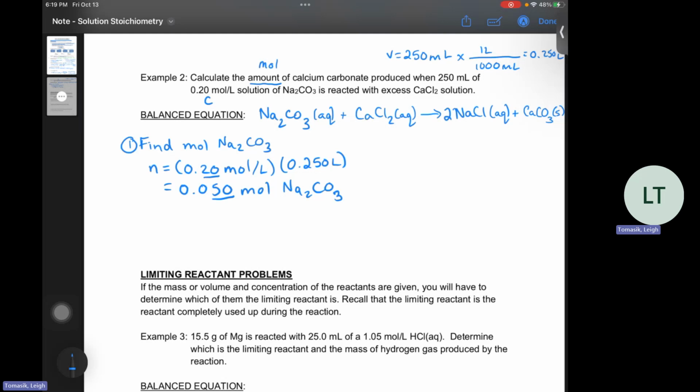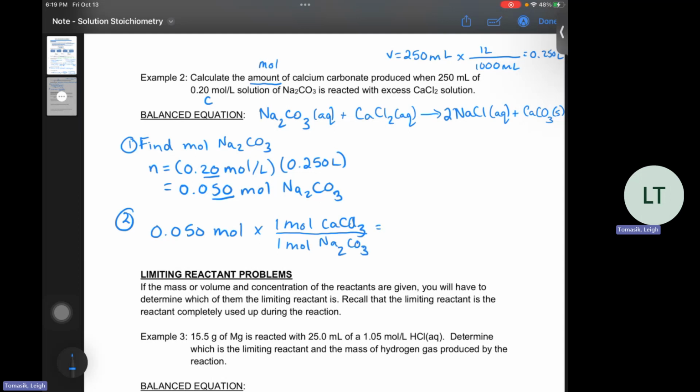Okay, so all we have to do second is we just have to use the molar ratio. So 0.050 moles and then we're going to just use the balanced equation. So we get 1 mole of CaCO3, right, calcium carbonate, per 1 mole of Na2CO3.